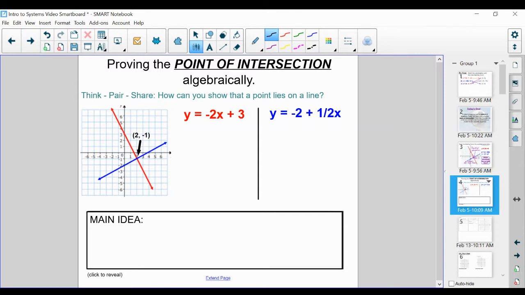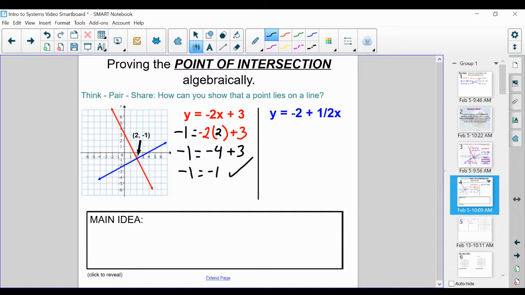The y value of 2, -1 is -1, which is then equal to -2 times our x value, which is 2, plus 3. As we simplify, we get -1 is equal to -4 plus 3. And we can simplify -4 plus 3. We get -1, which means that the coordinate point 2, -1 must lie on that red equation, which is represented by the red line.